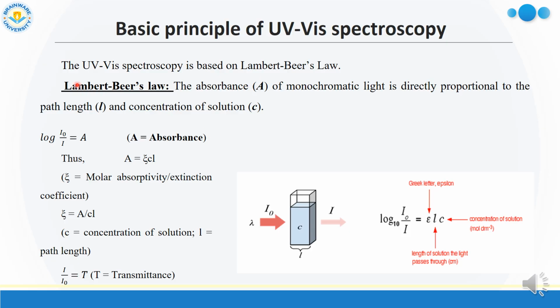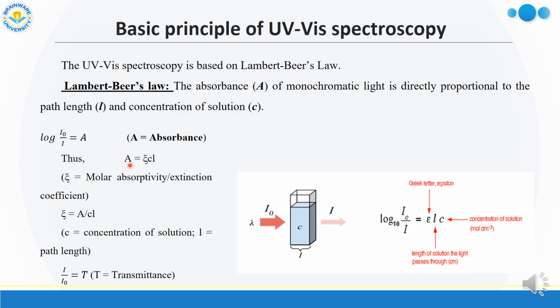So, according to Lambert-Beer's law, the absorbance of monochromatic light is directly proportional to the path length and concentration of the solution. Monochromatic light means single wavelength light. Now, log I0 by I is equal to A, where A means absorbance.